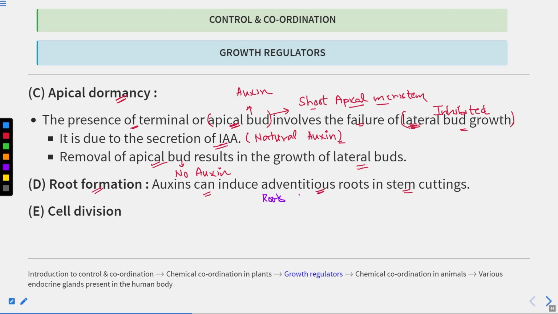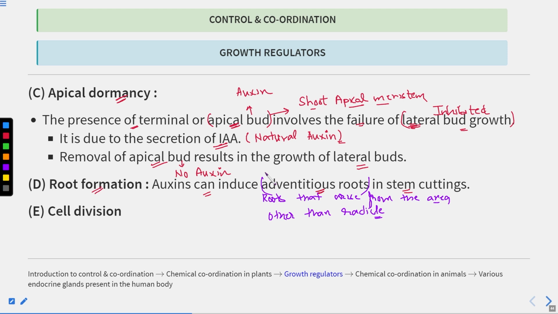Roots that arise from the area other than the radicle. Usually roots arise from the radicle, but if roots arise from some other area, then these are known as adventitious roots.